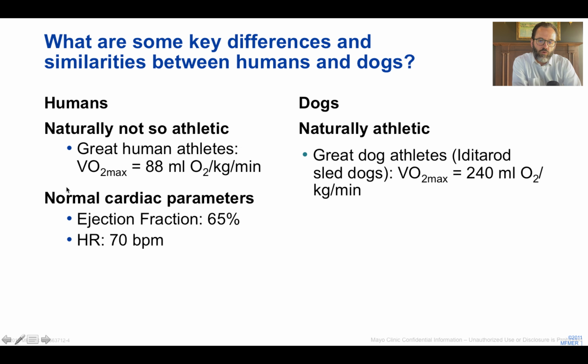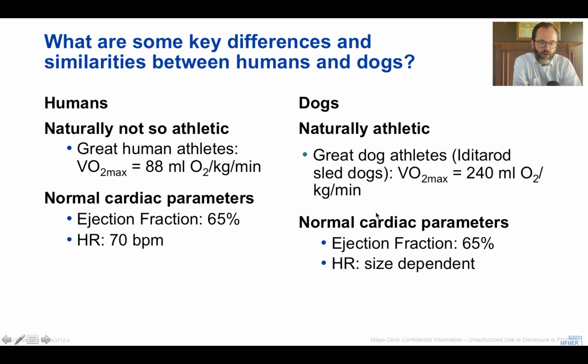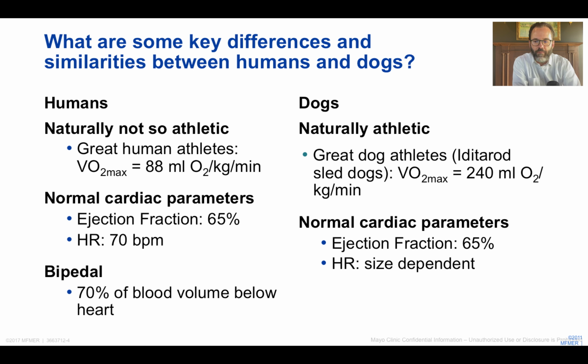When we look at normal cardiac parameters in humans, we've got a normal ejection fraction, or the fraction of blood that's ejected from the heart per beat, of about 65 to 70%. Heart rate is generally around 70 beats per minute. With dogs, their ejection fraction is about 65% as well, and their heart rate is very size dependent. So the smaller the animal, generally the higher the heart rate with regards to dogs.